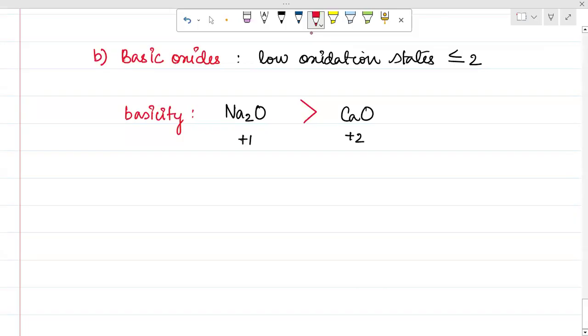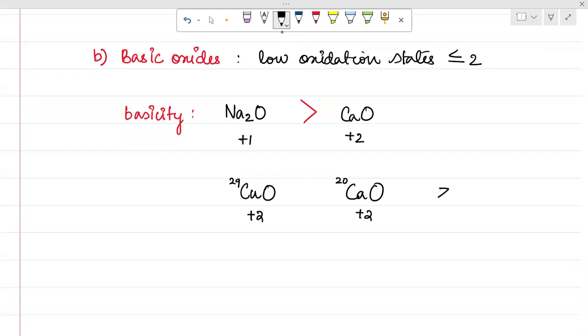You can also get species with similar oxidation states. Let's say you have CuO and CaO, copper oxide and calcium oxide. Over here, both the systems are in +2. Calcium's atomic number is 20, copper is 29. As we move from left to right, Z effective increases, electronegativity increases.